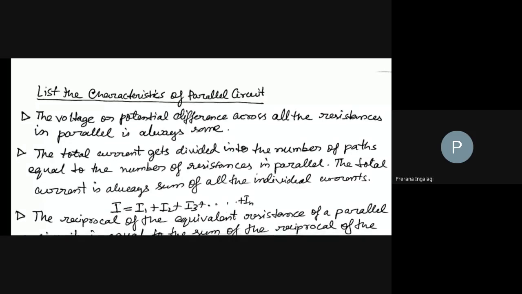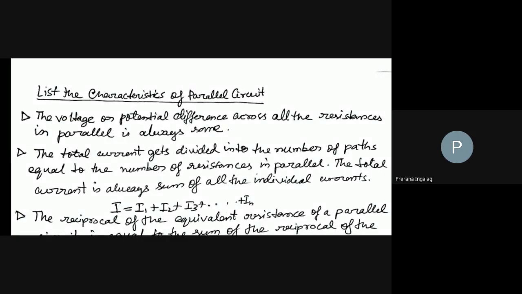Next, the total current gets divided into a number of paths equal to the number of resistances in parallel. So the total current is the sum of all the individual currents: I equals I1 plus I2 plus I3 plus dot dot dot IN.